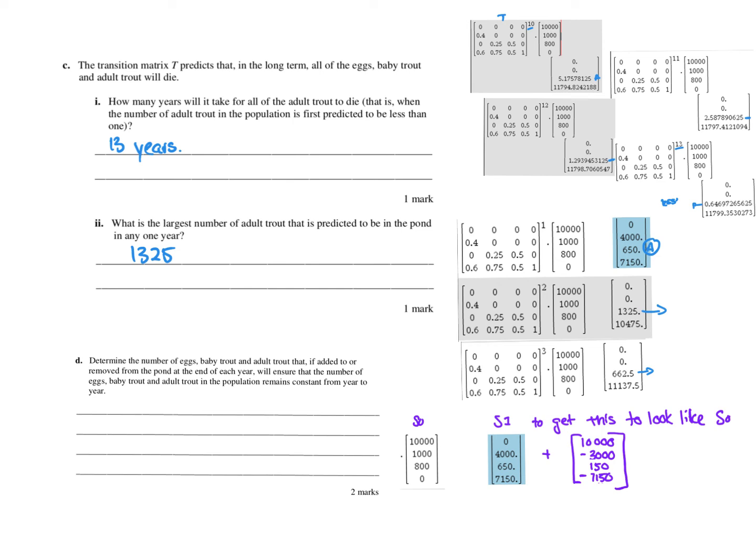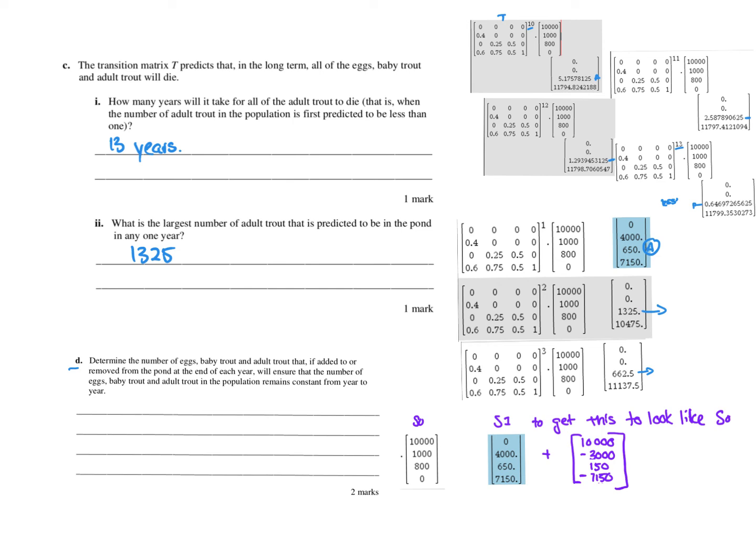Question D: determine the number of eggs, baby trout and adult trout that, if added to or removed from the pond each year, will ensure the number of eggs and baby trout in the population remain constant.